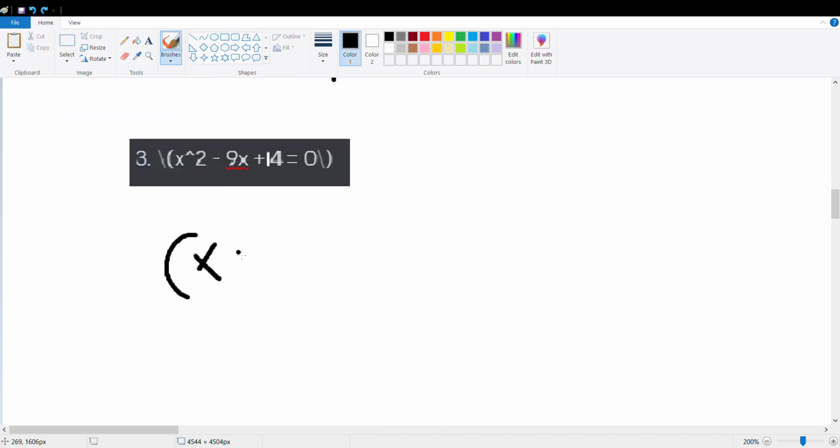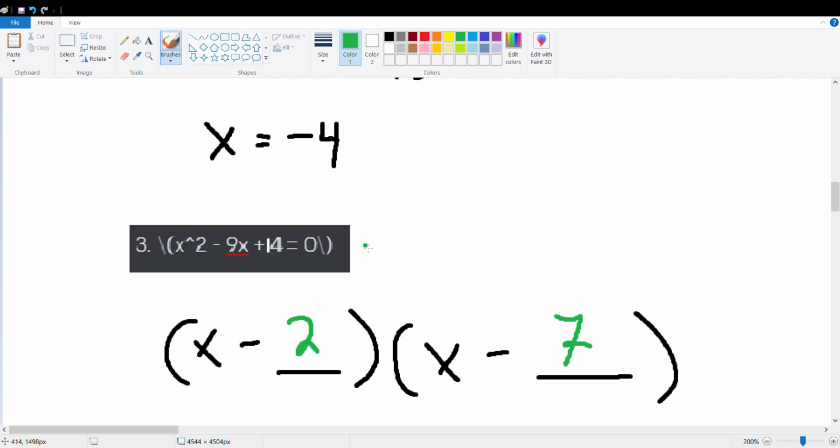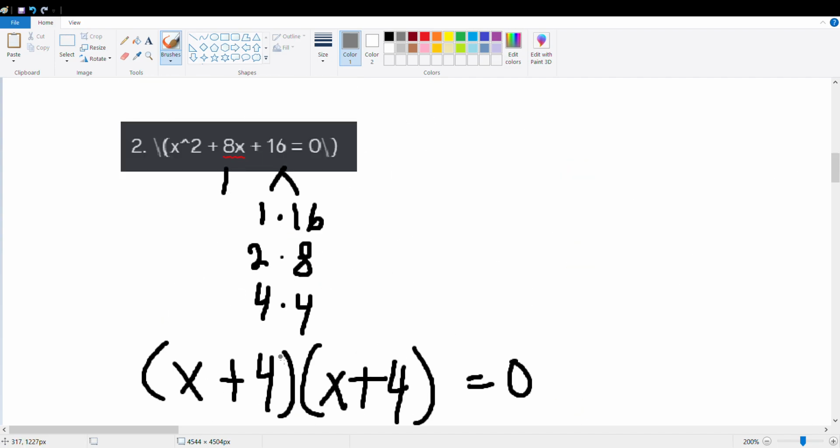So we are going to put x minus blank, x minus blank. And then here, we just do 2 and 7 because 7 times 2 is 14. That is it. And for the solution for that, x equals 2 and x equals 7.